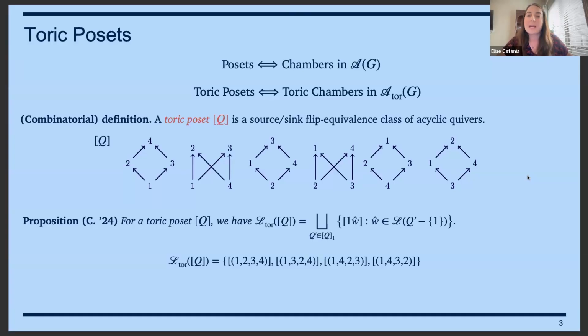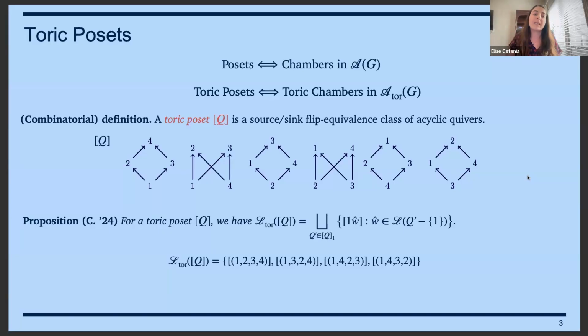Here by acyclic, I mean that I have no directed cycles. And this source-sink flip equivalence class, how we're going to reach everything is we're going to start with an acyclic quiver, find a sink or a source, whichever you prefer, and flip, let's say, a source to a sink. So edges directed out to edges directed in. You're going to do this one at a time, and you get a whole family of acyclic quivers.